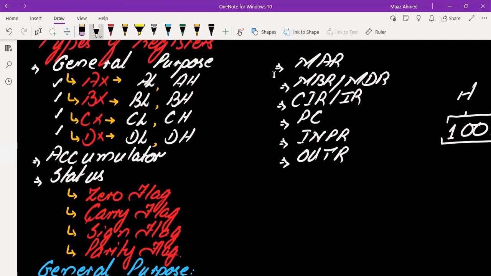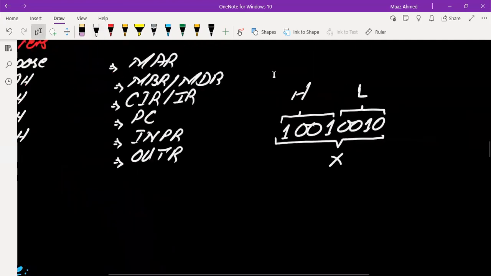Now, what do you mean by the X? Like I mentioned a complete byte over here, it's 10010010. If I need to represent a complete byte in assembly language, or the language of the processor, it will be represented by an X. But if I just need to work on the 4 nibbles, the first initial 4 bits are known as the high bits, and the last 4 bits are known as the low bits.